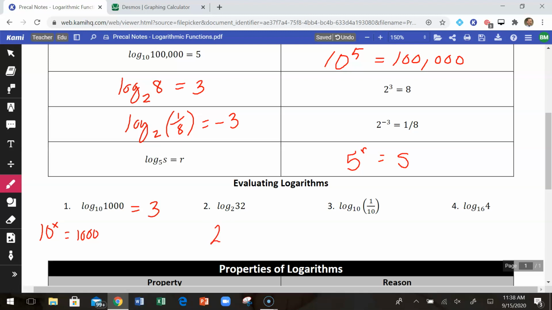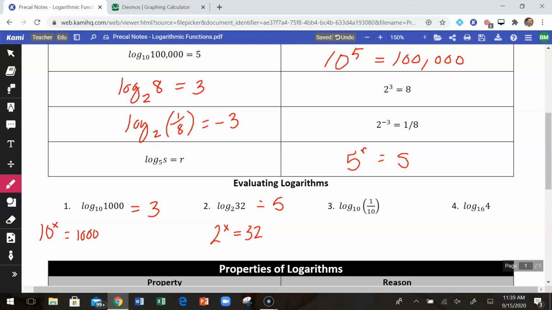Okay, the next one, think about 2 to what power is equal to 32. So what you could do is keep multiplying 2's together until you get to 32 and figure out how many of those 2's you multiplied together if you don't know this, but the answer is 5. If I take 2 to the 5th power, 5 2's multiplied together, that gives us 32.